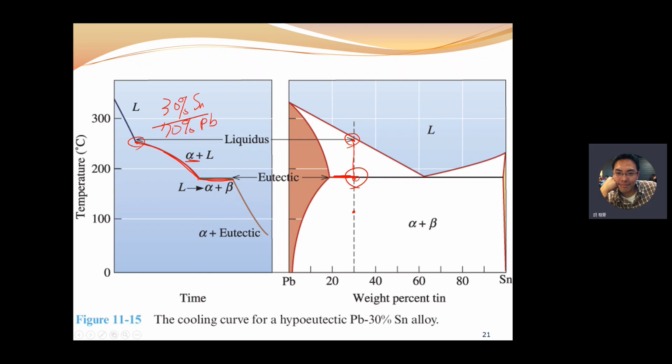Okay, and below this point, say this point, what's the microstructure? I already discussed this microstructure in the previous slides. So it's a core structure, right? It's a core structure with lamella.